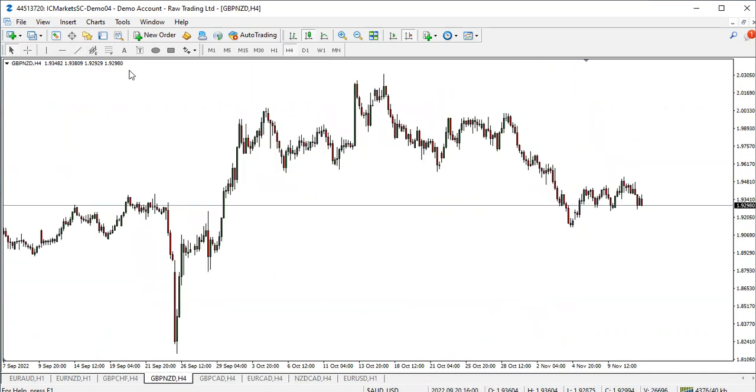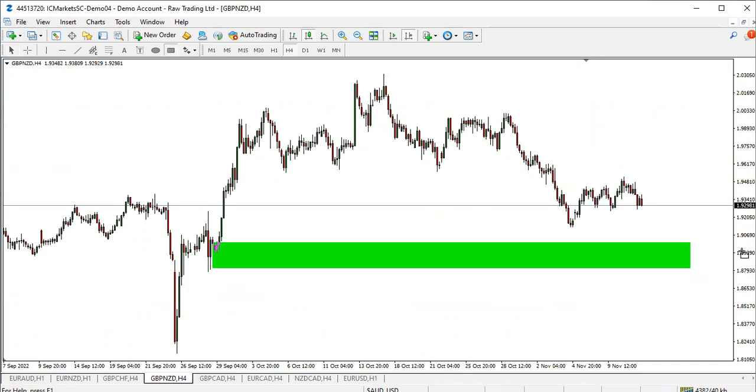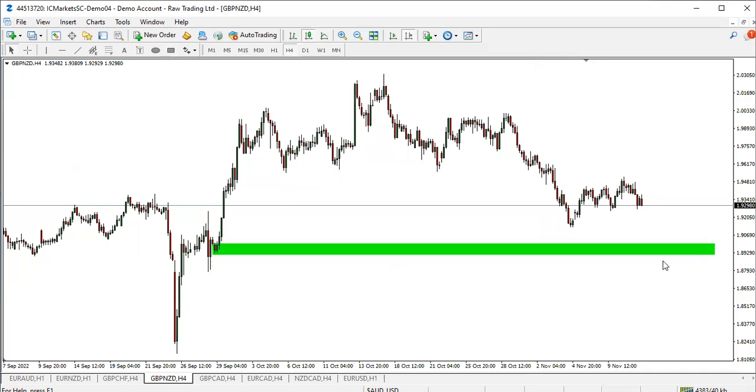So GBPNZD, here I'm looking to buy from this zone, and I'm hoping that it will come take out this liquidity. Also here makes up for a good buy zone.